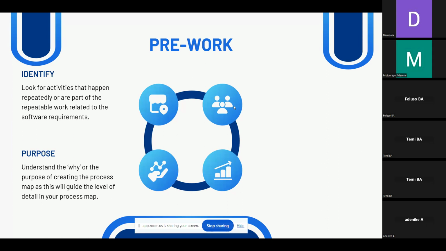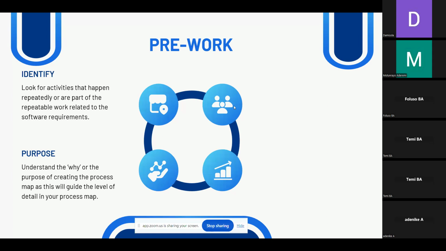Now, another thing you need to understand is why. Why are we creating this process map? Because if you don't know the why, then it will be very difficult for you to know what process map or what you need to capture. Remember the example I gave, I'm like, oh, we need to be able to see what the current process is so that we can give solutions on how to make it better.